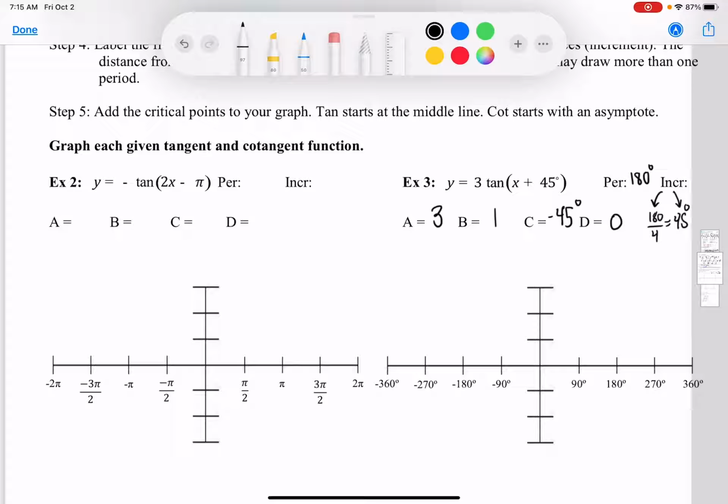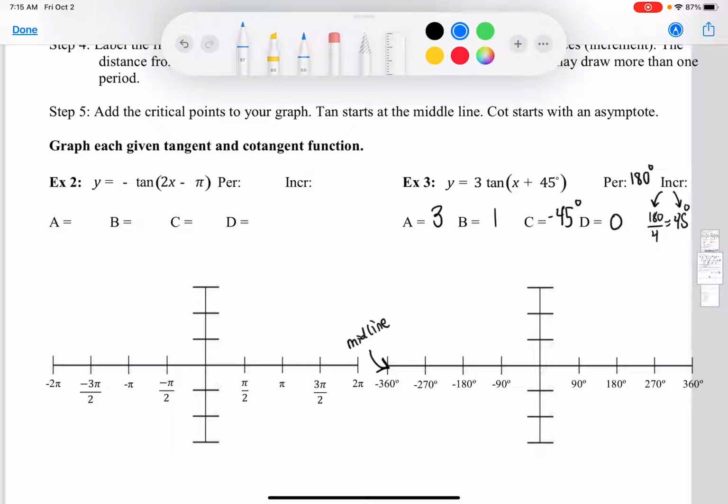Okay, and so now let's start drawing some stuff. My midline did not change. That is still at 0.